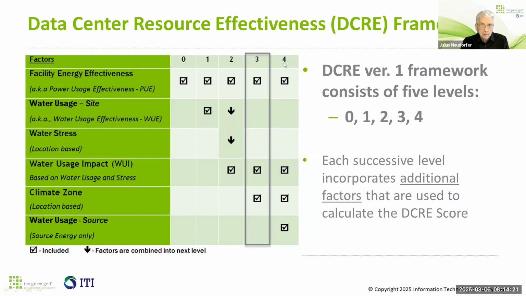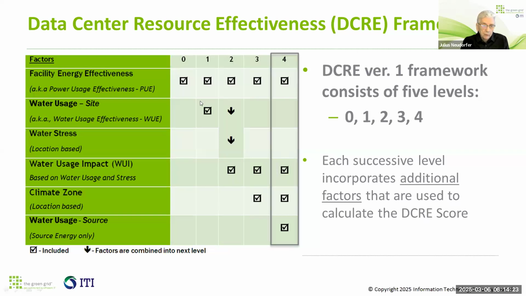And in level 4, we now have all the factors that we started with across the board, from the basic use of energy in the facility, of course, to the water impact of water withdrawn, climate zones, and ultimately the amount of water being used by a power plant. And this is probably the one you'll see why we left for last, because not everyone is able to get that information, but we wanted to separate it so it's usable at any level.